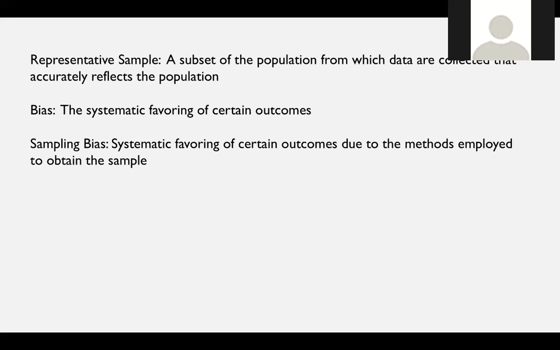And then you've probably heard of bias, which is the systematic favoring of certain outcomes. When you go into statistics, we have something called sampling bias, which is systematic favoring of certain outcomes due to the methods employed to obtain the samples. So what you go through to get the samples has an effect on the data.